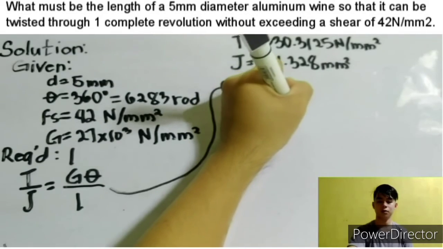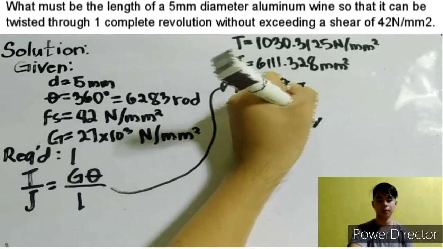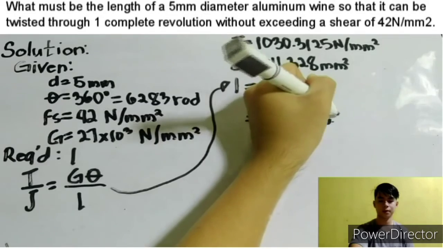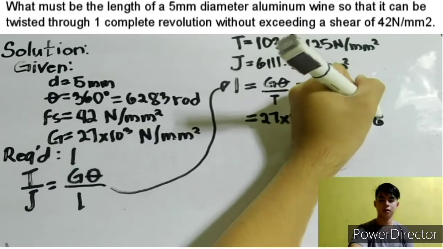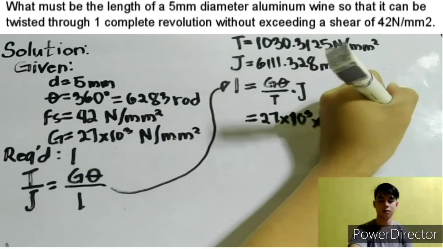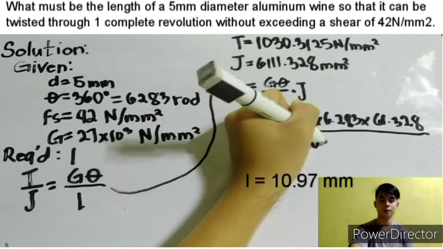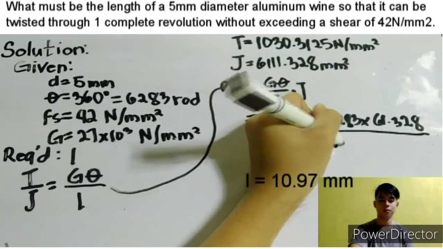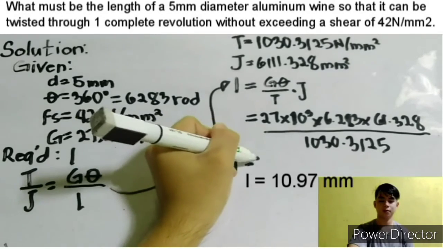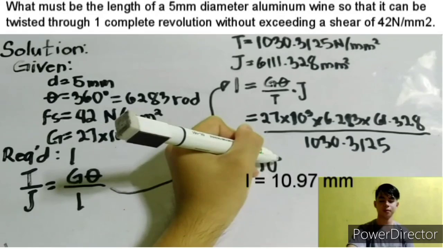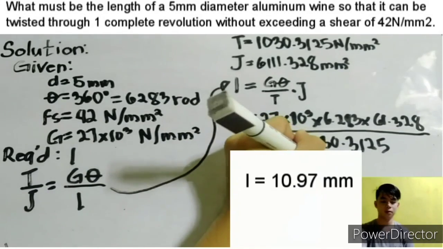Our shear modulus is 27 times 10 raised to 3 Newton per millimeter squared, times our angle 6.283 rad, times our J, 6,111.328, over 1030.3125. So our length is 10.97 millimeter.